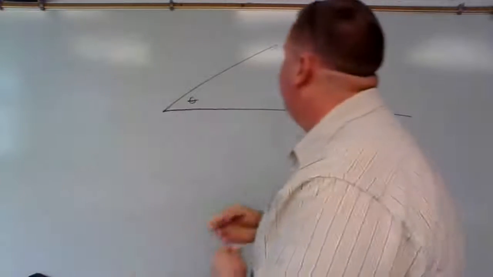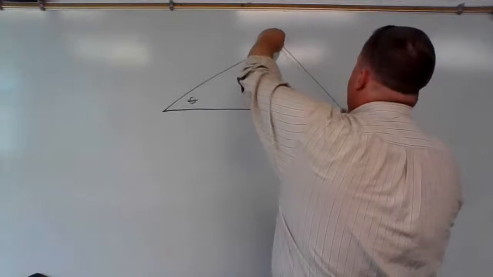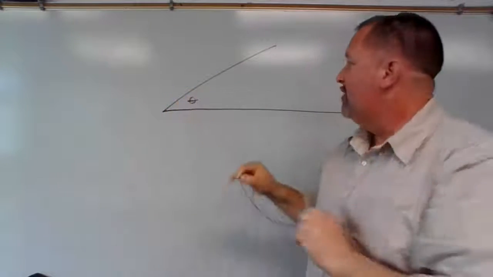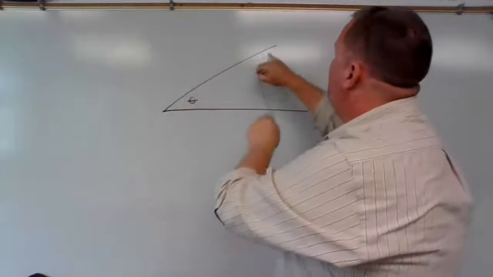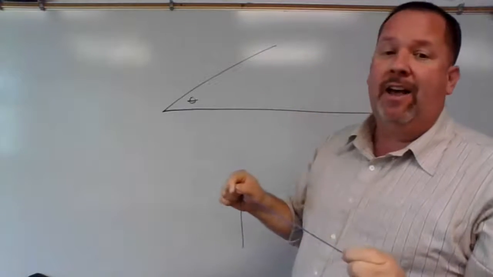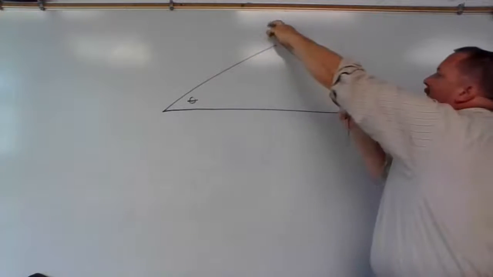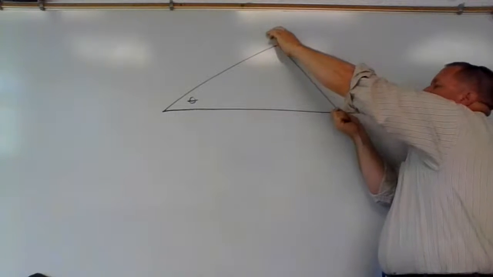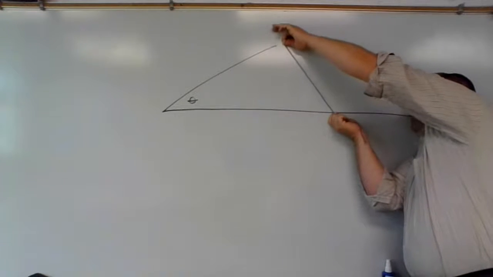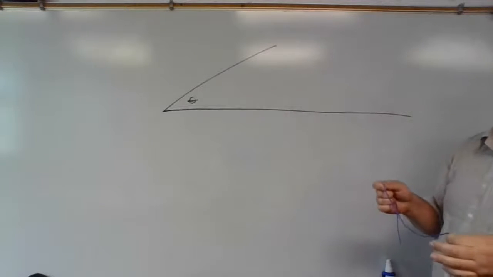And let's say that the third side is this long. I have a piece of yarn here. And so I know the angle, I know one side, and I know another side, and I want to solve this triangle. And so I'm going to put this side, try to do this so you can see. If I put this side and I touch it right here, there I would have a triangle, and it should be solvable.